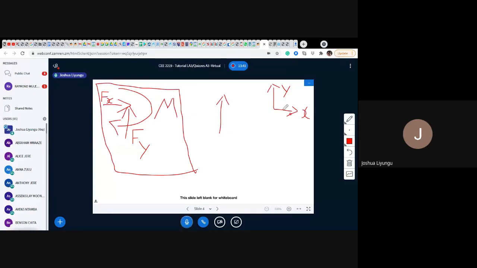You have your X, Y, and this is going to be my Z. Lateral constraint simply means the member can move in X, Y, or Z, but one of the axes, Z, X, or Y, it cannot move.